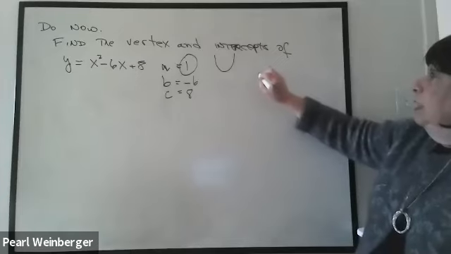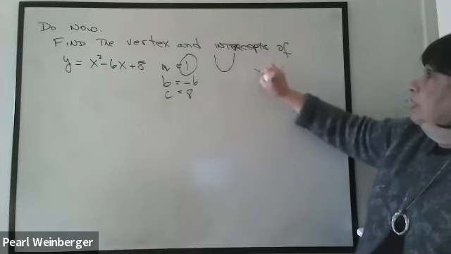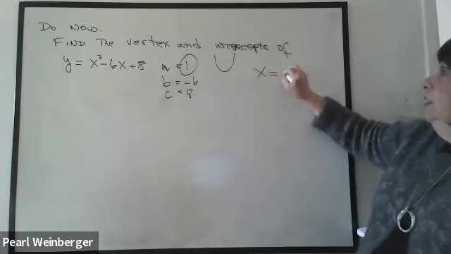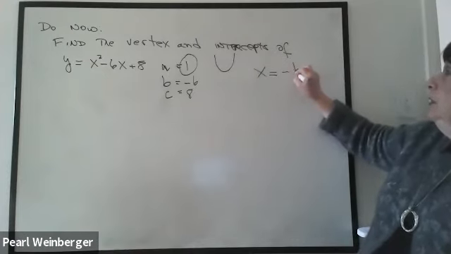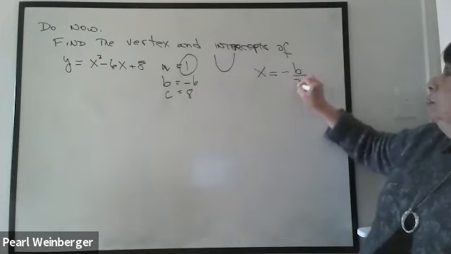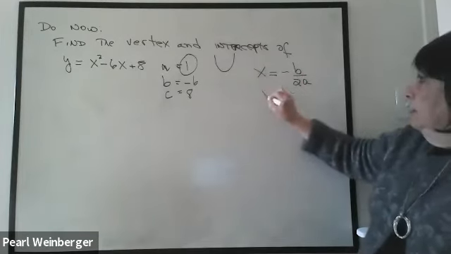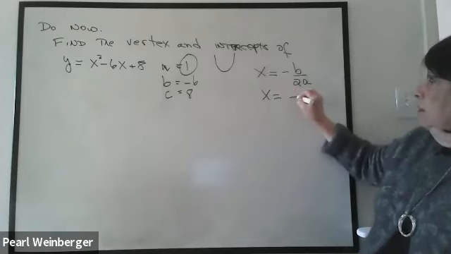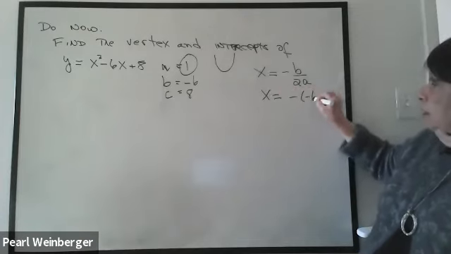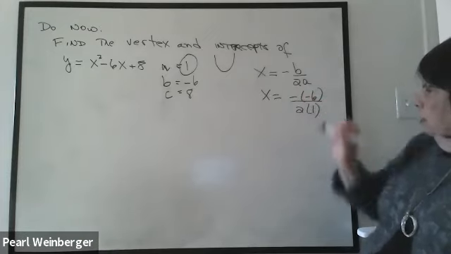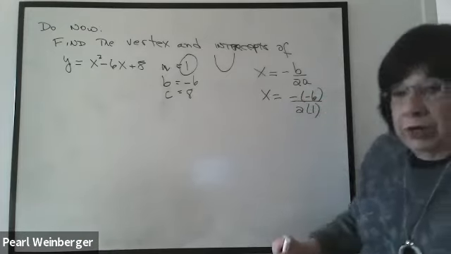We also have this rule to find the vertex of the parabola. We find the x of the vertex by doing -b over 2a. In this case, that means the b is -6 over 2 times 1, because the a is 1.